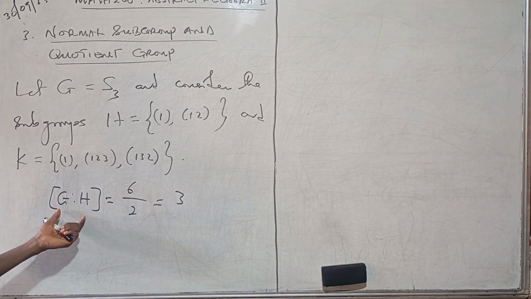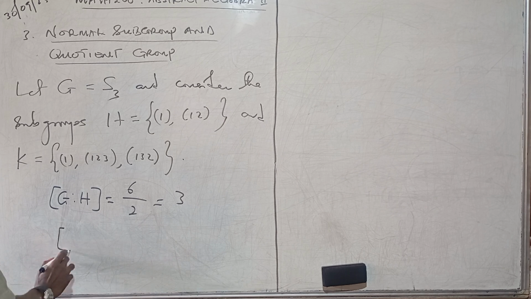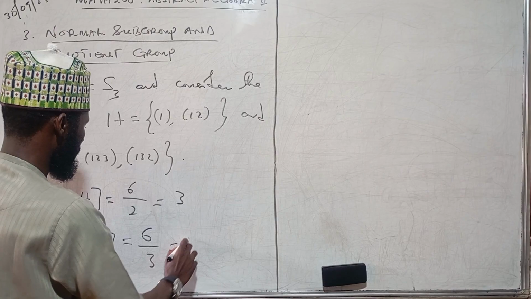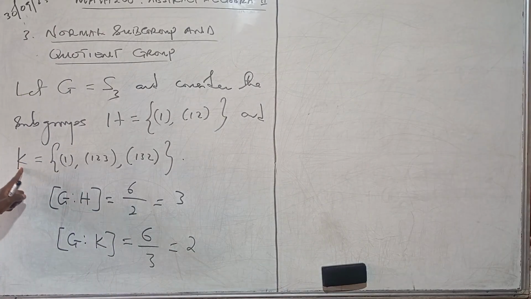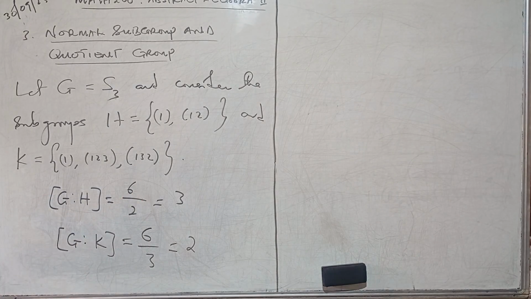So we will have 3 distinct left cosets for H, and also 3 distinct right cosets. And the index of K in G will be 6 over 3, which is 2. So there will be only 2 distinct left cosets and 2 distinct right cosets. This is from what we have learned in the previous discussion.